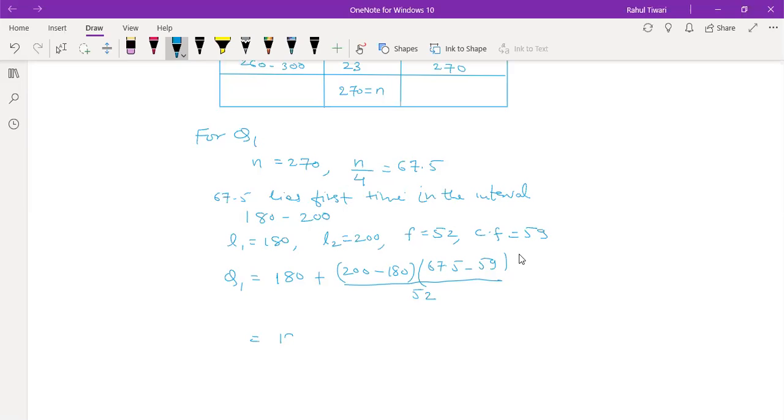So this is 180, and if you do the calculation of this part using a calculator, you may get the answer, I think, 3.2692. And this is nothing but 183.2692. Do the calculation and let me know whether this is the correct answer or not.